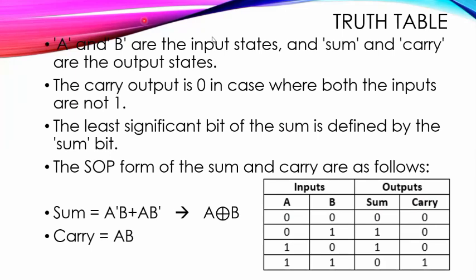I'll tell you how it works. So, 0 plus 0 is 0: sum is 0, carry is 0. When A is 0 and B is 1, sum is 1, carry is 0. And when input A is 1 and B is 0, when we add 1 plus 0, the sum will be 1 and the carry will be 0.